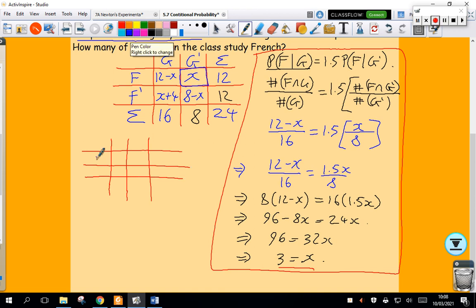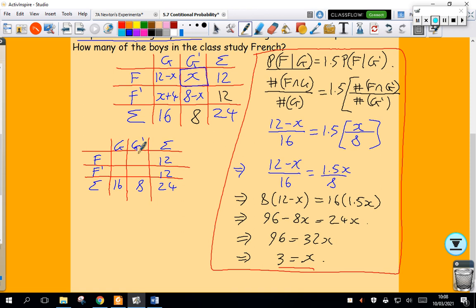Well, we've got the events F and F complement. We've got the events G and G complement. We have 12, 12, 24. We have 8, 16. X is 3, which is this cell. F intersection, sorry, it's not B and B complement, it's G and G complement.